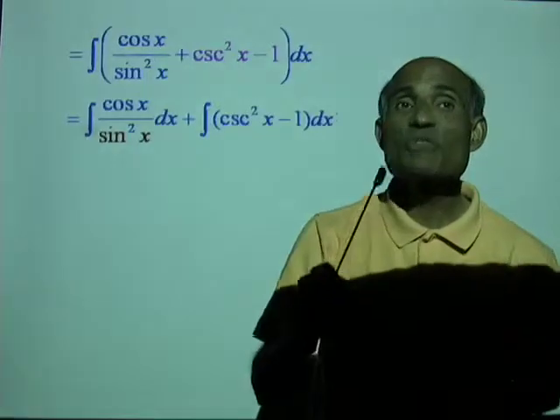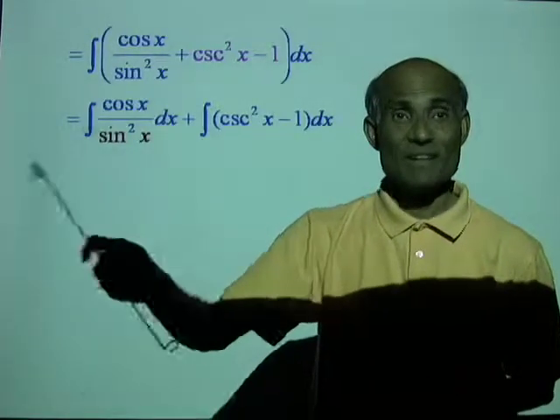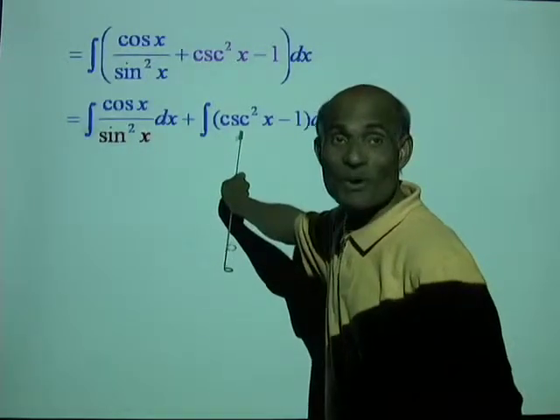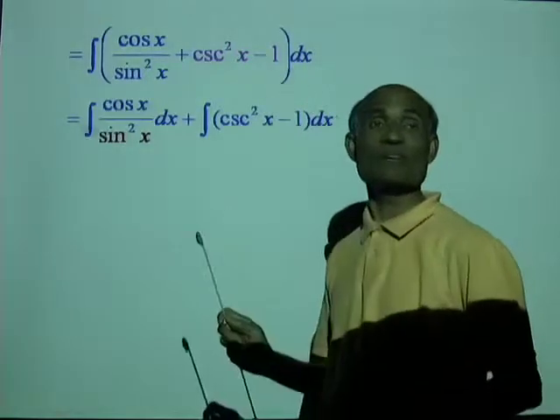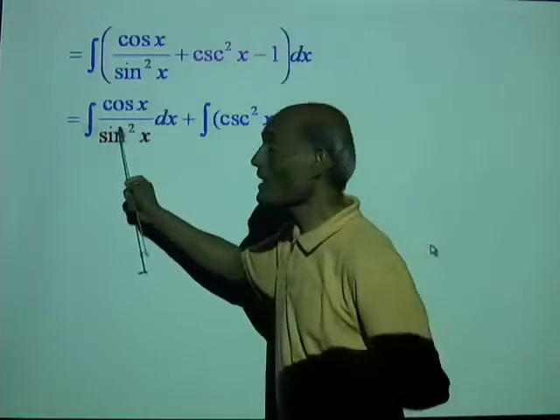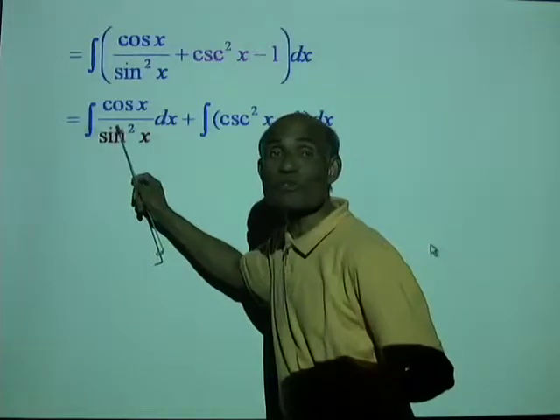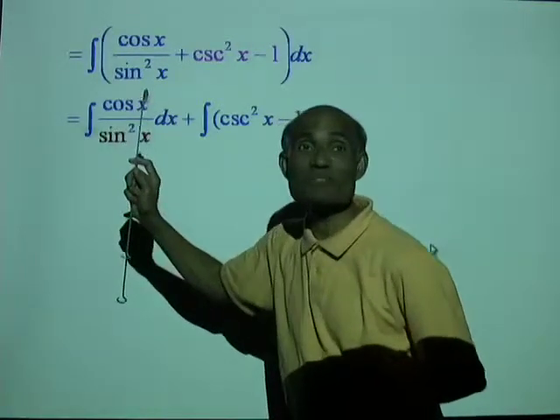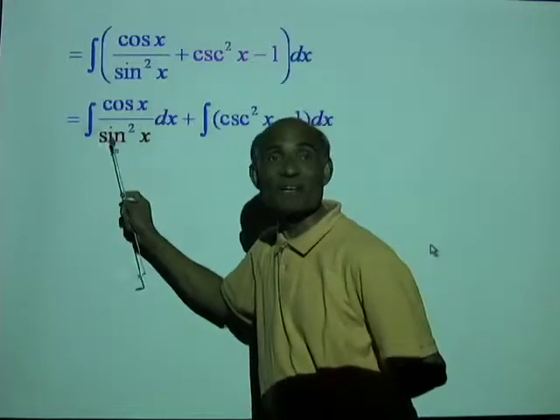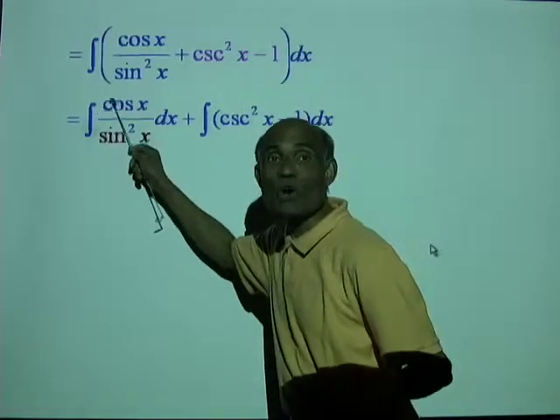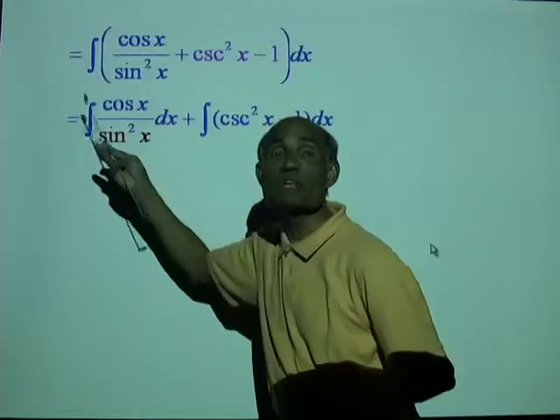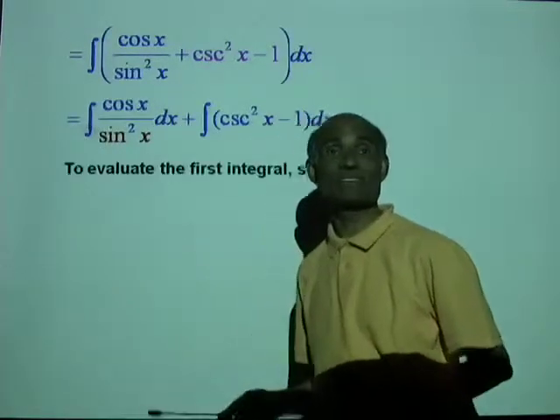It is negative cosecant squared x. Therefore, cosecant squared x can be integrated and minus 1 dx can be integrated. Well, if you look on the left, we can also integrate this by doing a simple substitution. What substitution? We can put sine x equal to u. Then cos x dx will become du. You see how simple it is?